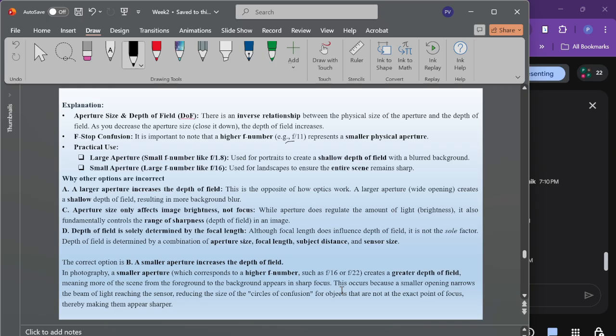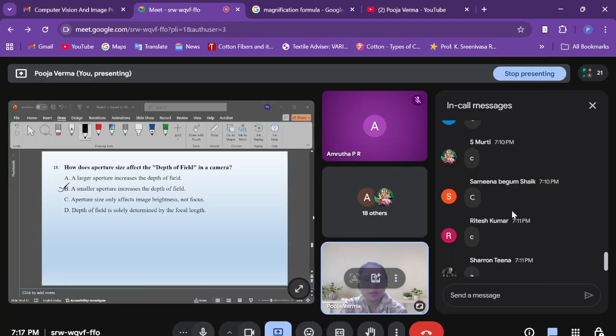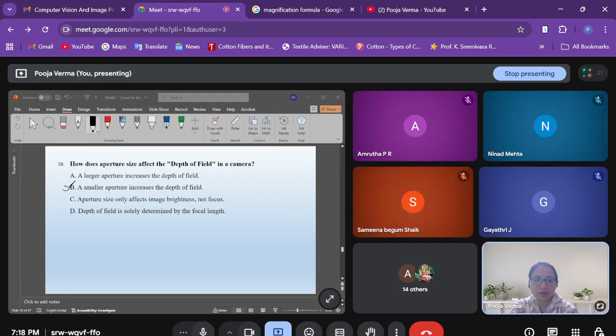This occurs because the smaller opening narrows the beam of light reaching the sensor, and that reduces the size of the circles of confusion for objects that are not at the exact point of focus, so they appear sharper. So option B is the correct answer for this question.